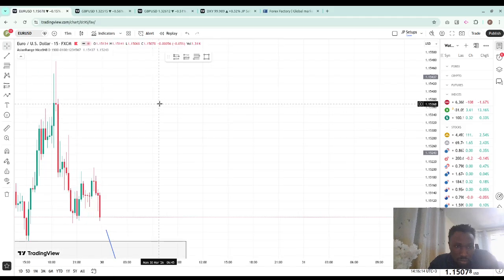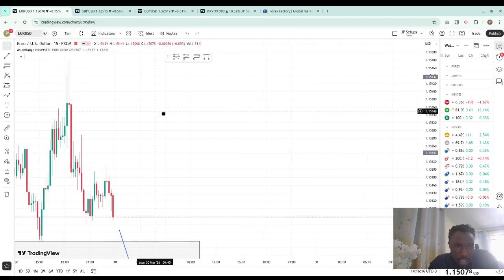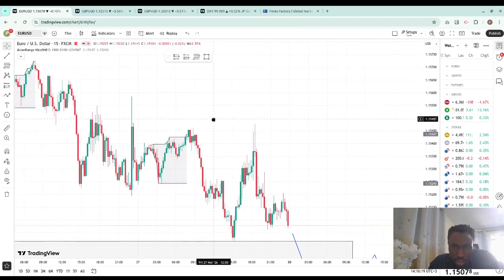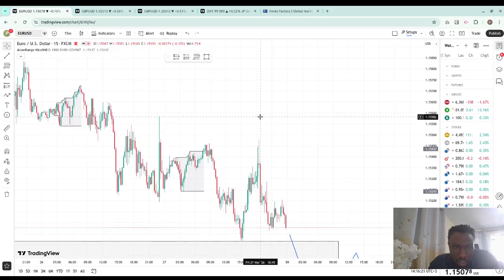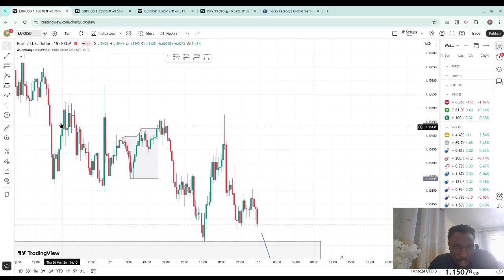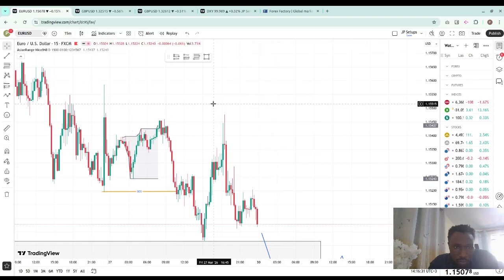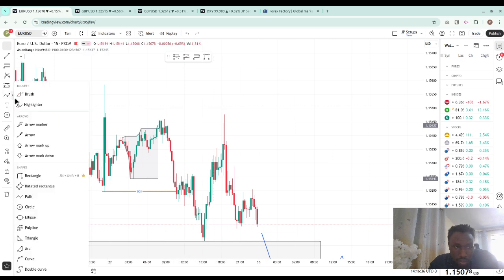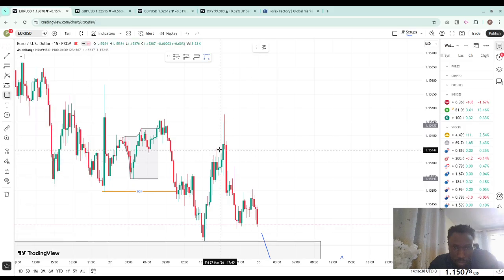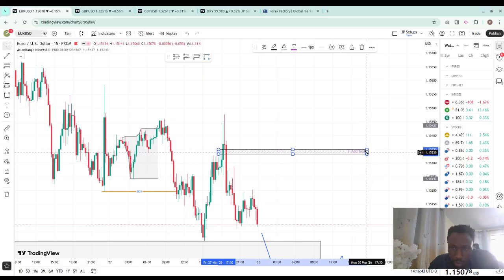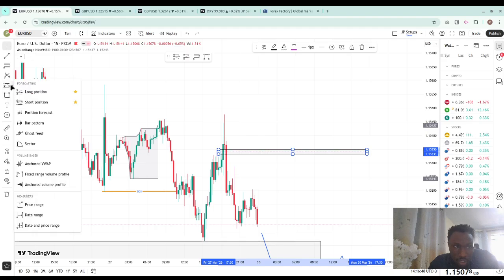Let's see the 15 minutes time frame. Okay, especially that we had this break of structure. I really am not seeing a very good entry on EURUSD for now, but maybe we might take sales from that point, that inverted fair value gap.